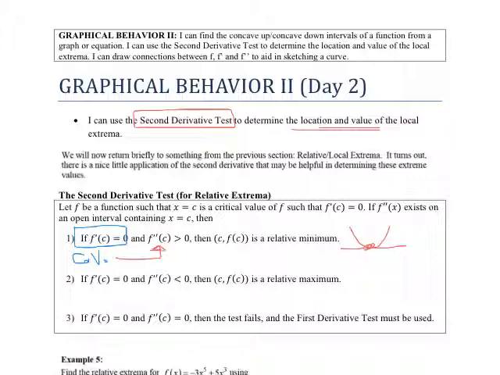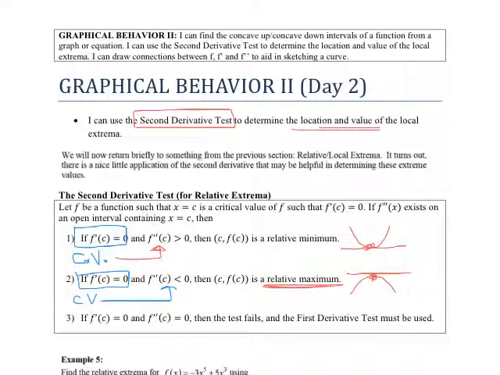Therefore, that is a local minimum. Alternatively, if we plug our critical values into our second derivative and find that it is negative, that means the function is concave down, and we've got a spot where the function is both flat and concave down, giving us a local maximum.